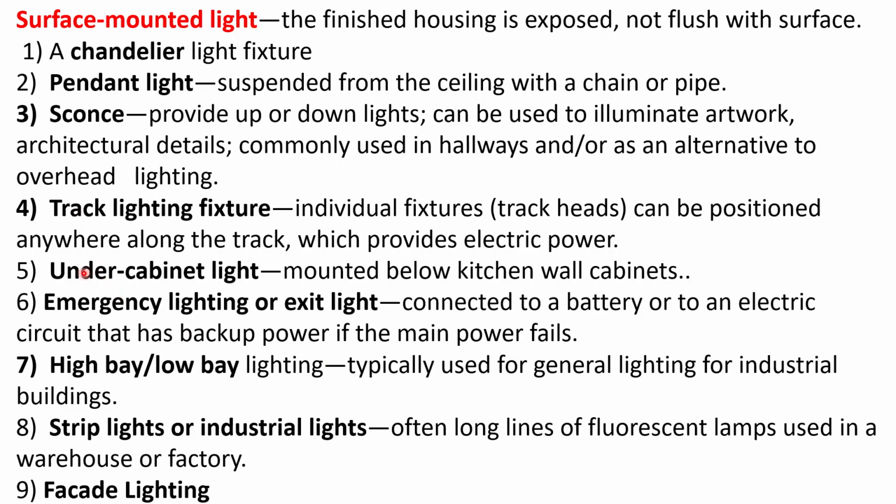There can be under cabinet light mounted below kitchen wall cabinets. The sixth category is emergency lighting or exit light, connected to a battery or to an electrical circuit that has backup power if the main power fails.